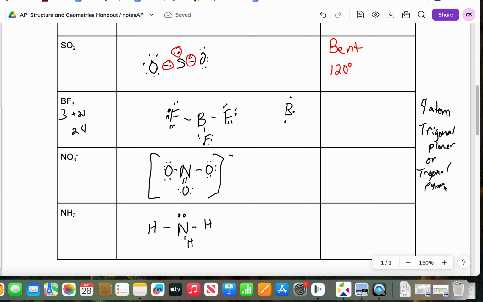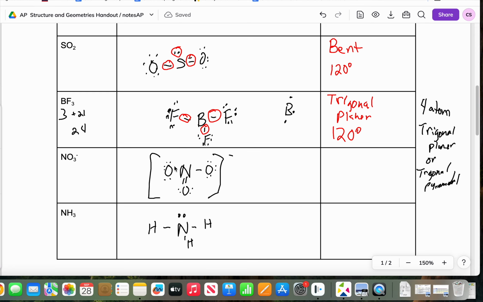The key to figuring out which is which is to look for a lone pair on the middle atom. So if we look at BF3, look at the middle atom only. There are only 3 domains, and so because there are only 1, 2, 3 domains on the middle atom, that's trigonal planar, and the bond angle is 120 degrees.